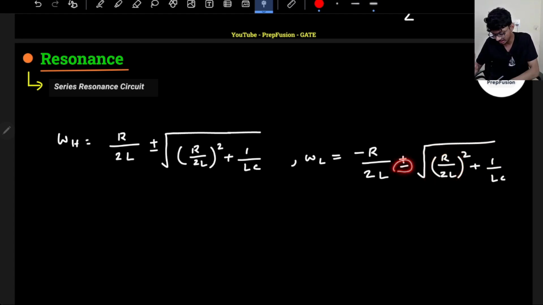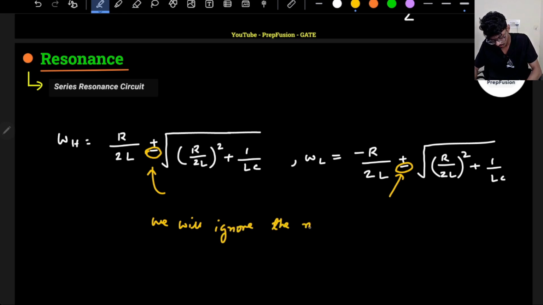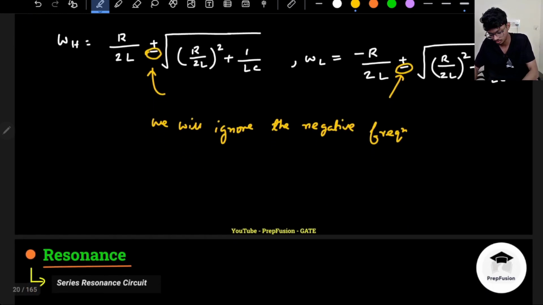So I cannot choose the negative values here. If I choose negative values, overall your frequency will come out negative, and obviously negative frequency is not possible. So we will ignore the negative frequencies, because negative frequency is of course not possible.